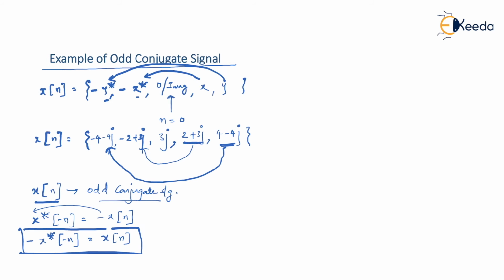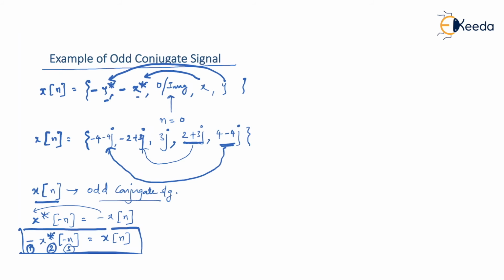So what are the things we have to do? See, let's say in step number 1, we are negating x of n. Negating x of n means multiplying x of n with minus 1. Second step, we will take the conjugate, and third step, we will have time reversal. Is that right? You can in fact change the sequence also. That is, you can have time reversal first, then you can go for complex conjugate, and thereafter you can have amplitude negation also.